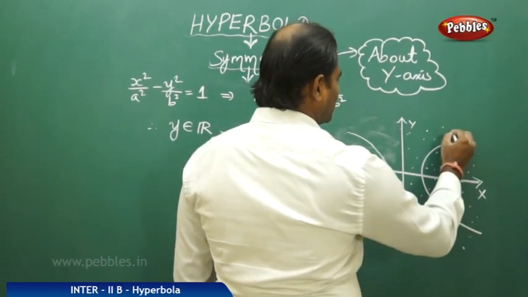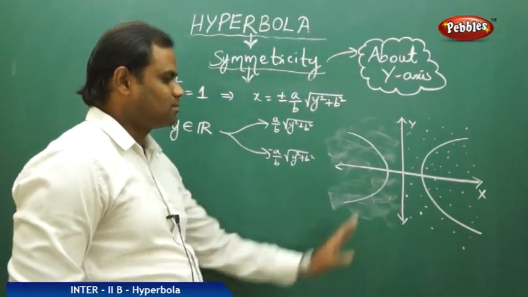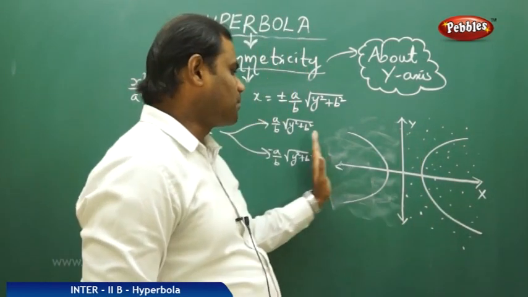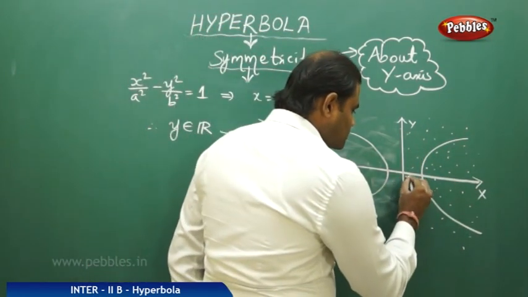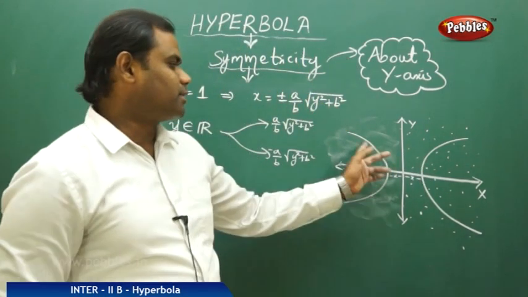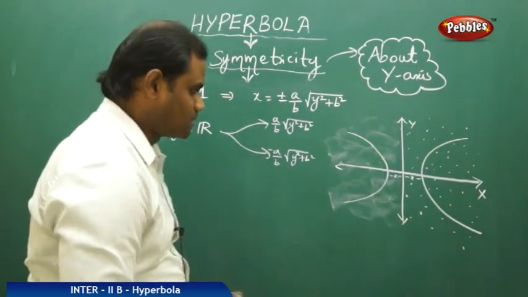So this is how I get the symmetricity about y-axis. All the image on this right is exactly the same as this, or this distance will be the same as this distance, or any point you take will be exactly the reflection of that point along y-axis.